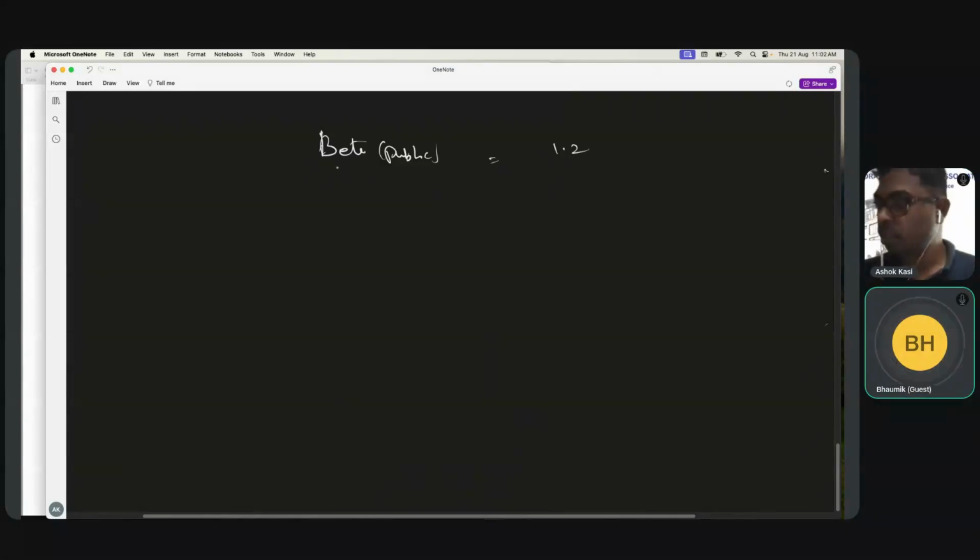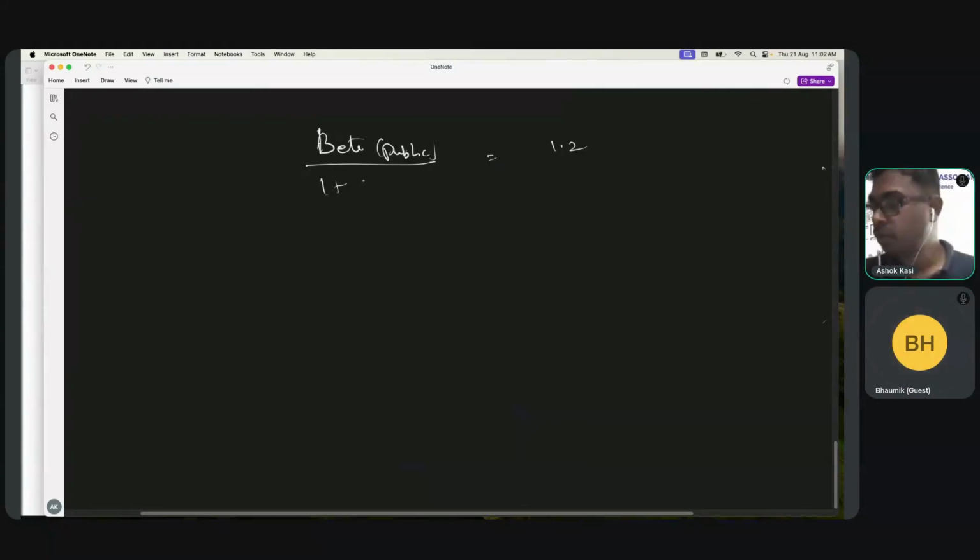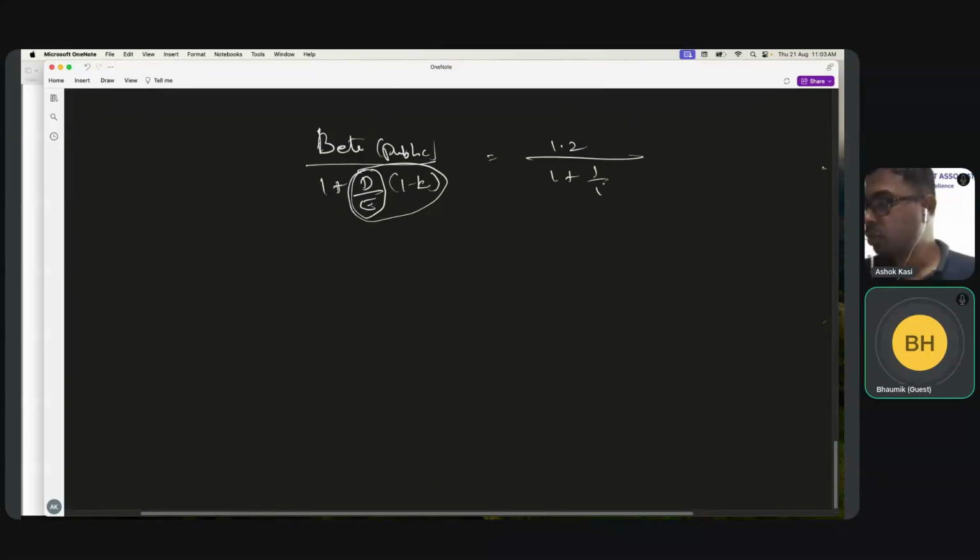Now I cannot directly use it. I can get inspired from CDSL's beta, so I have to do some adjustments. I will discount the debt, because of the debt its beta would have gone up. So 1 plus debt to equity ratio into 1 minus tax. Imagine they have given 50-50 weight, so 1 by 1 into 1 minus 30% tax.